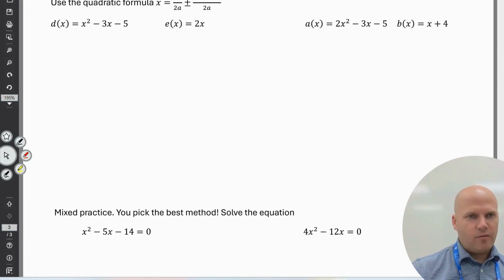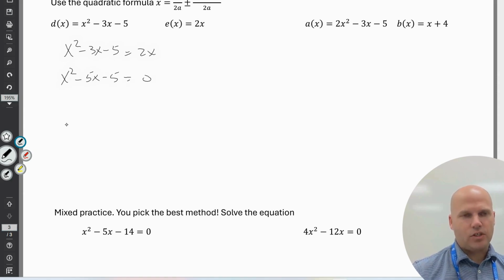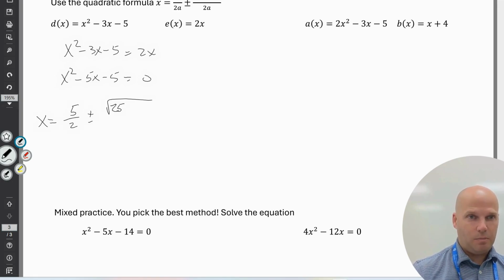Now, if you can't factor, always have the quadratic formula as a backup. I like to write it as this, which is the split up opposite of b over 2a plus or minus square root of b squared. I like to do this in my head, b squared minus 4 times a times c.